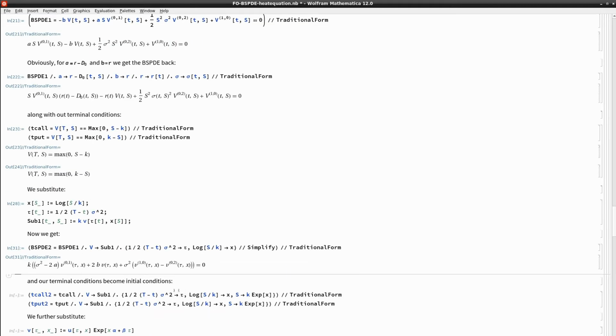And I want to point out already that we have something here that looks a bit like the heat equation. We have a first derivative by time and a second derivative by space. We're not completely done yet. We still have an expression v here outside of this difference here in the parentheses, but we're making progress.